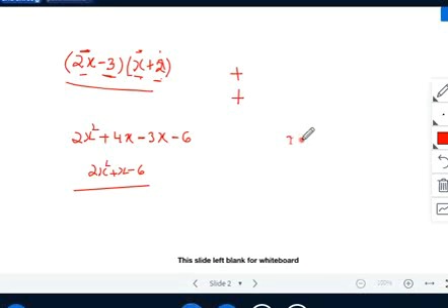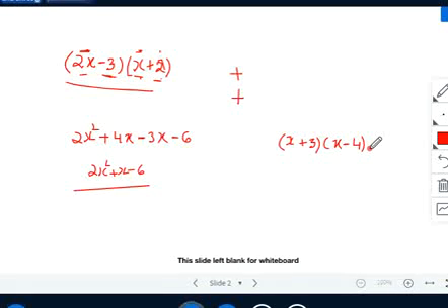It's x plus 3 times x minus 4. So it will be x squared, then x squared minus 4x.